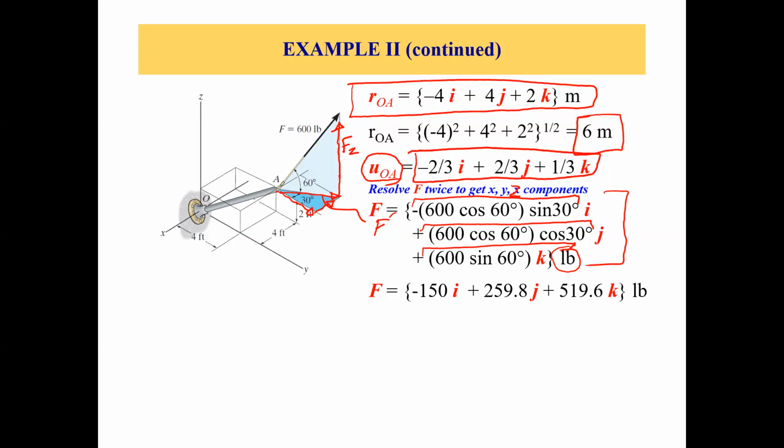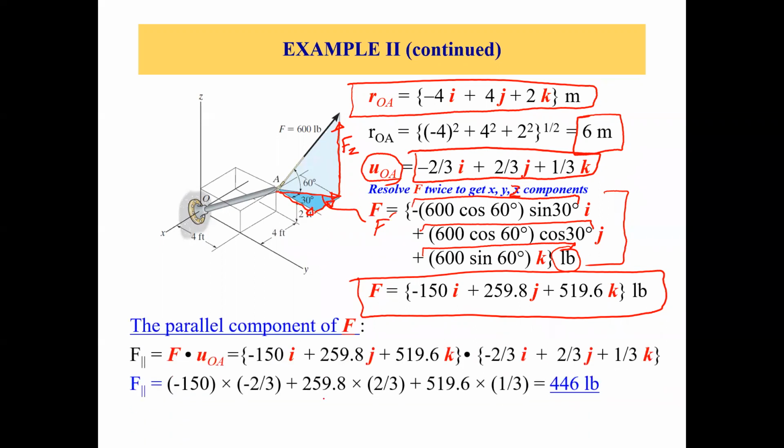If you simplify this, you get this force F in Cartesian vector form: negative 150i plus 259.8j plus 519.6k pounds. Now you have the position vector ROA, its magnitude, the unit vector UOA, and the force vector F in vector form.